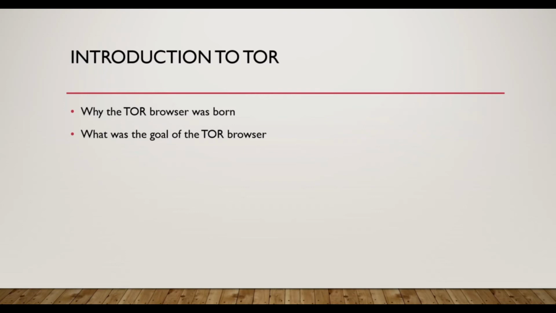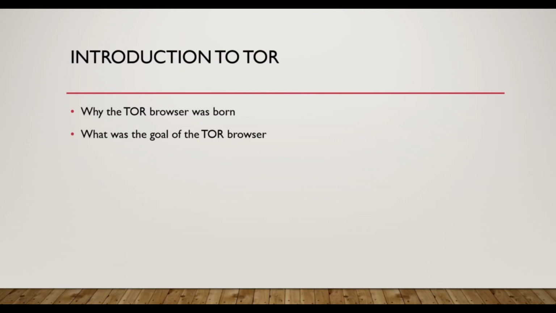Once again, why was the Tor browser born? One of the main reasons is really to answer a need for anonymity when browsing online. A lot of people were browsing online and wanted to stay anonymous, and it's really hard to be anonymous, especially online.